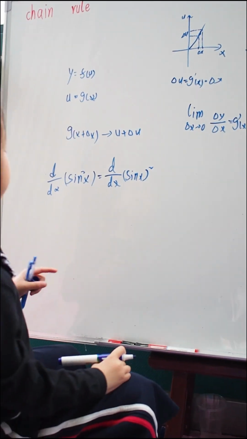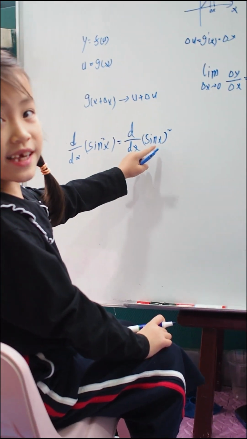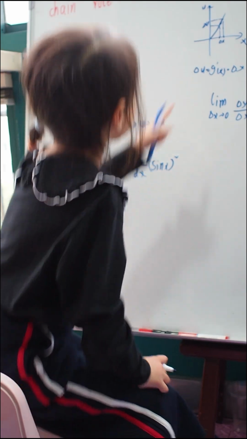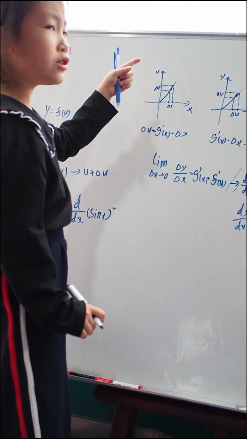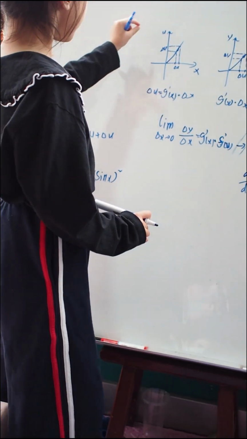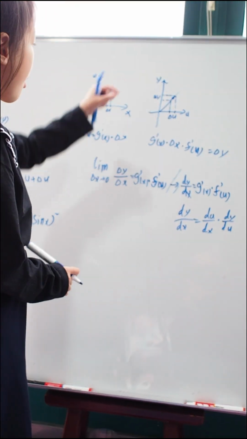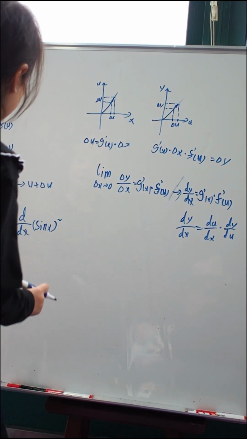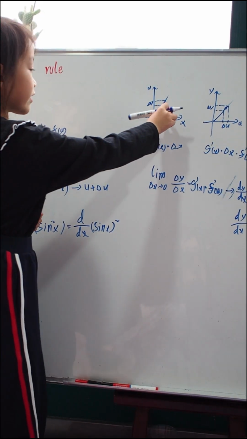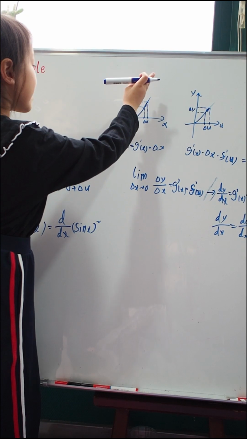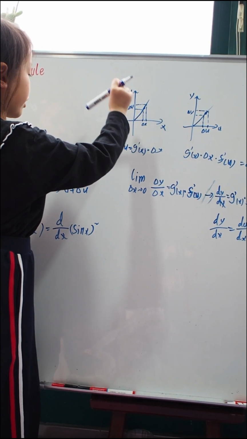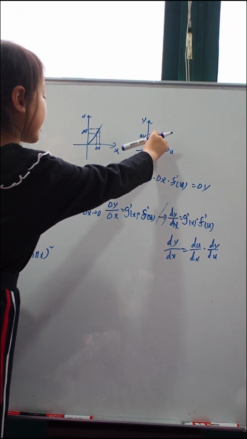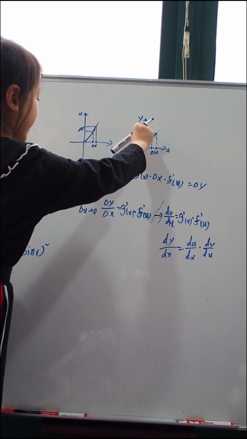If I have a dx increment, I will get a d sine x increment, that means here we have a du increment. Now put the sine x increment here, then we will get a d sine x squared increment. First we have the dx increment, then times this point's slope, we get a du increment. Then we put the du here, times this point's slope, and we get a dy increment.